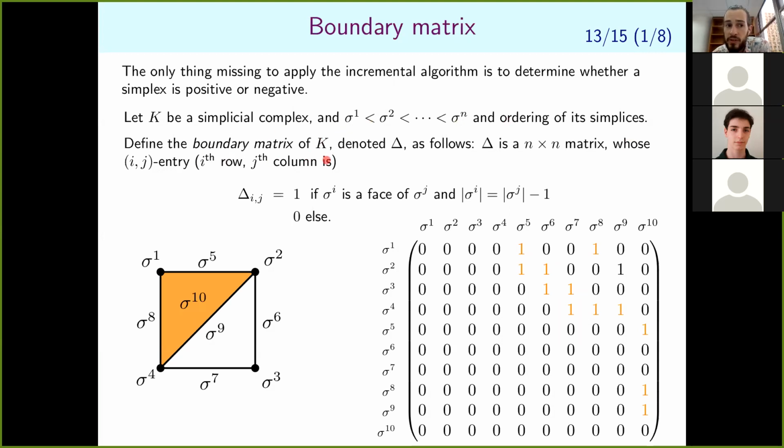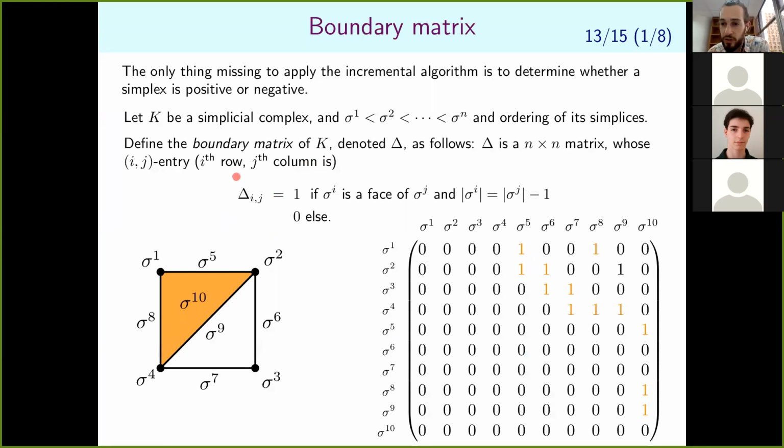The boundary matrix of my simplicial complex is defined as follows. You put every simplex in a column, sigma 1 to sigma 10, and in each column, you write the boundary of your simplex.